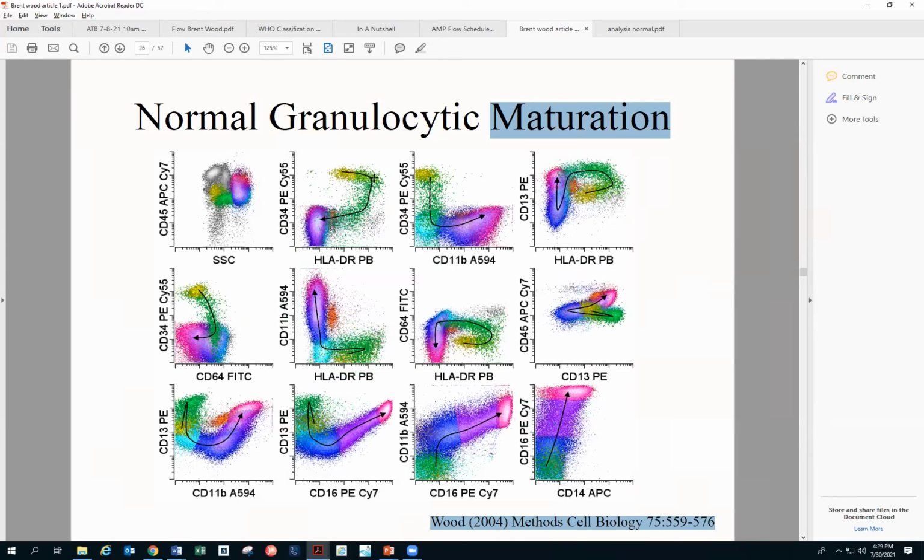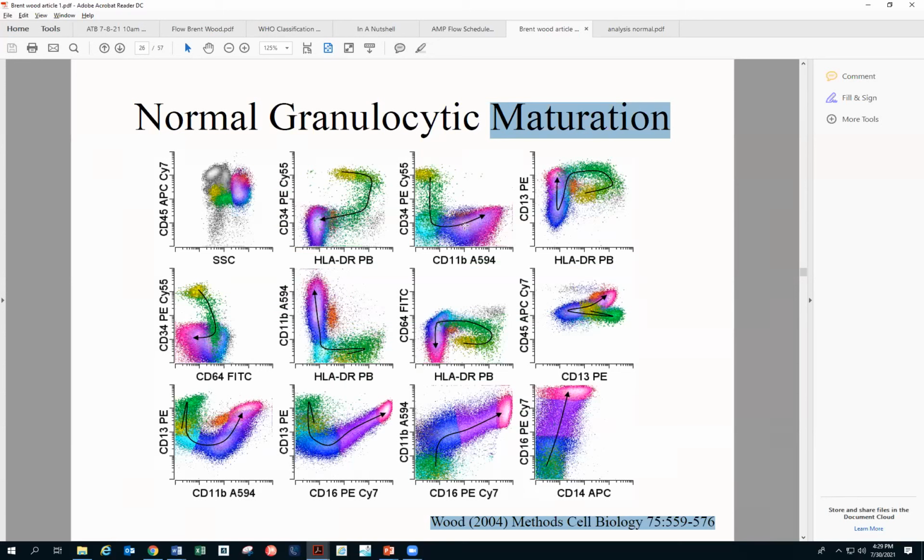So I was saying that the maturation goes along as the arrow shows. You can see the HLA-DR dips as it matures. CD34, as you know, is present in the blasts and not in the rest of the markers, so it dips as well.